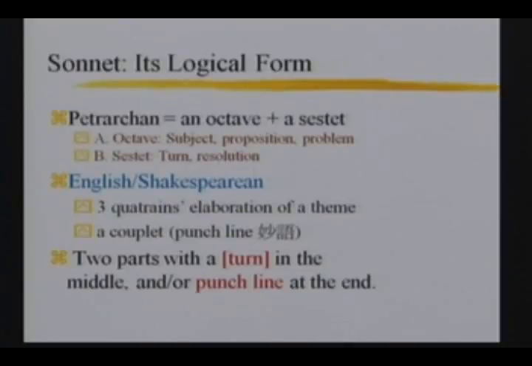It is a Petrarchan sonnet. So when we get to that part, I'll explain how the ideas are presented through an octave and then a sestet. And today we'll see how one idea gets elaborated on through the 3 quatrains. And then there is a final couplet, okay, which is a bit like a punchline.